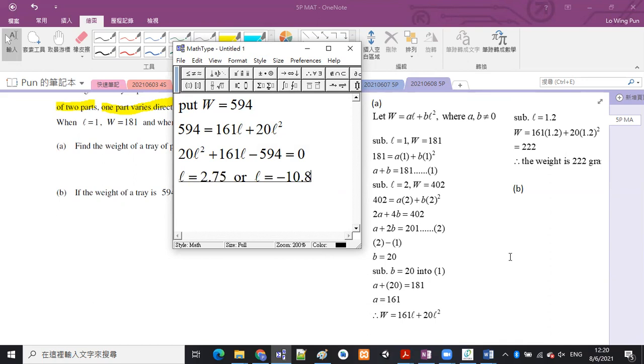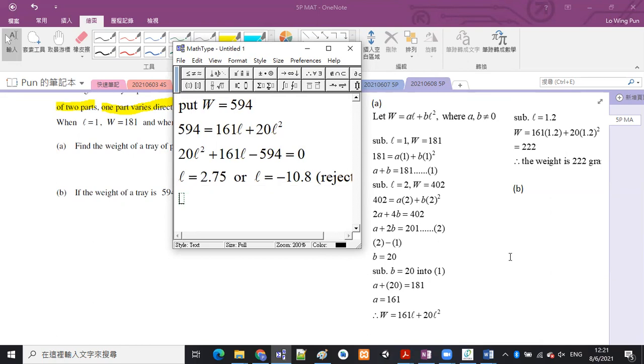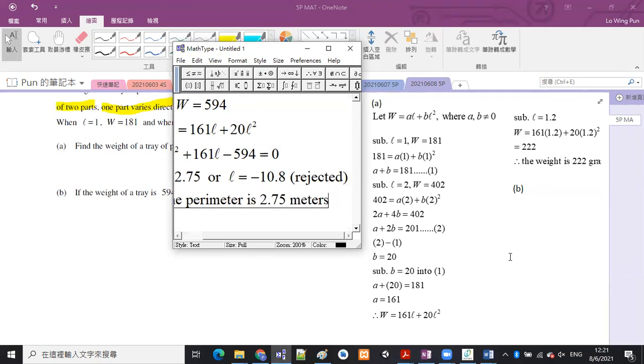But L is the perimeter, so it can't be negative. Can it be a decimal number? Yes, of course. So the negative number should be rejected. Therefore, the perimeter is 2.75 meters.